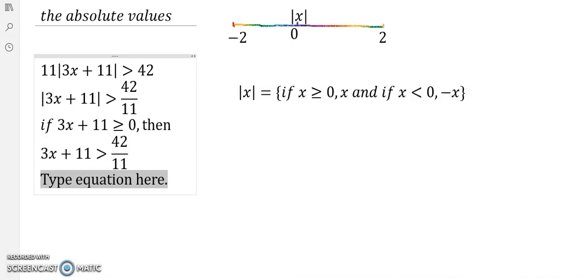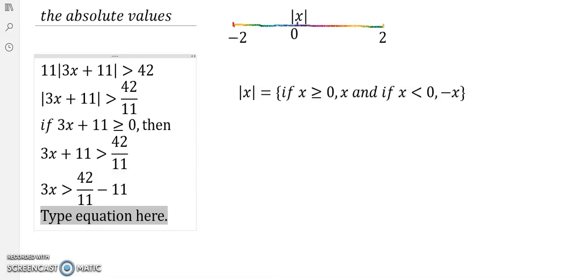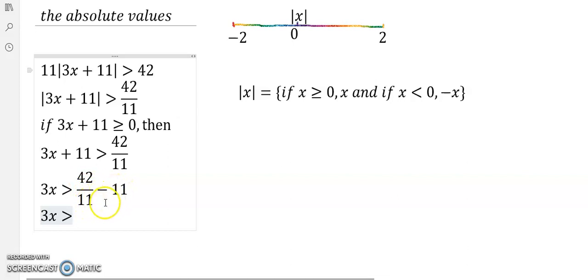Okay guys, we want to solve for x. Then solving for x, we're going to have 3x is greater than 42 divided by 11 minus 11, which is nothing but negative 79 divided by 11.